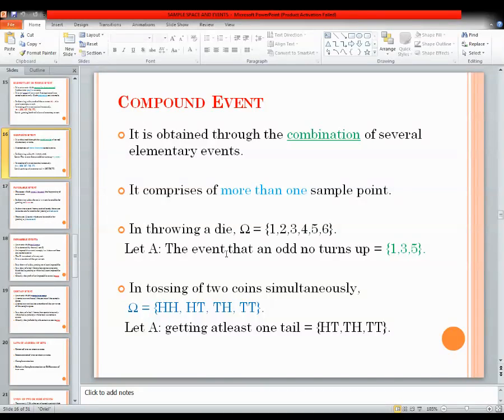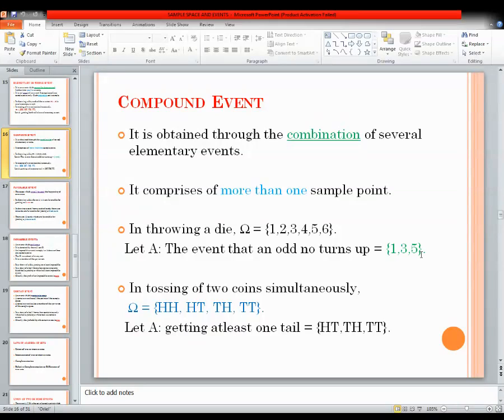Take this example. If you throw a die, 1 to 6 are the possible outcomes. 1 is an elementary event, 2 is an elementary event, 3 is an elementary event, because we cannot decompose these. But if I take the event A as odd numbers, how many odd numbers are there in this sample space? There are three possible cases: 1, 3, 5.